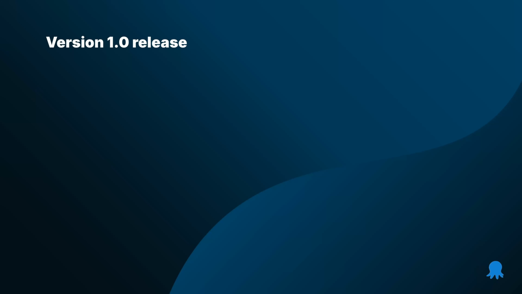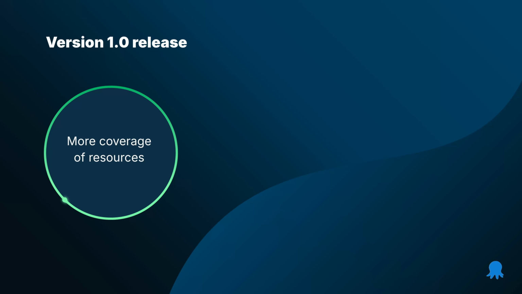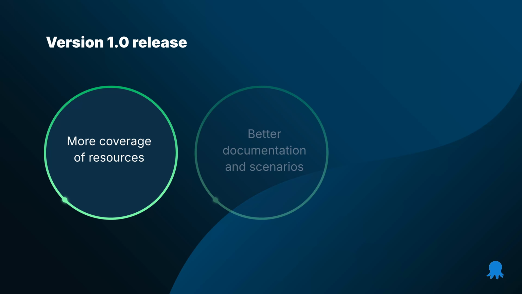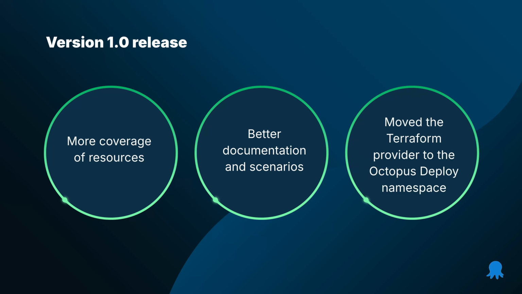We recently hit a major milestone with our version 1.0 release of the provider, which brings more coverage of resources that can be created and managed, and better documentation with example code and scenarios. We also decided to move the Terraform provider out of the Octopus Deploy Labs namespace to the official Octopus Deploy one.